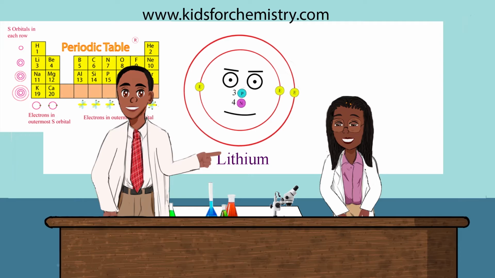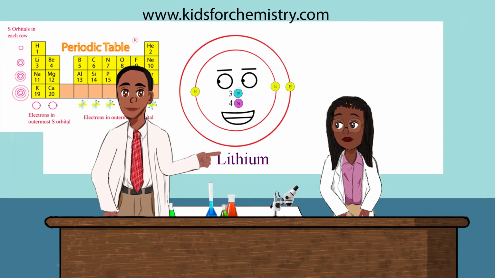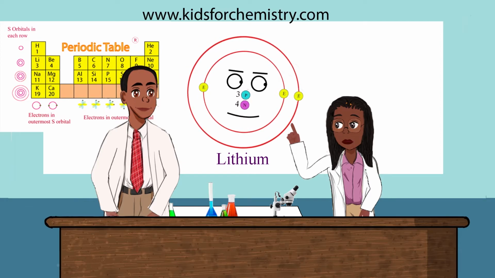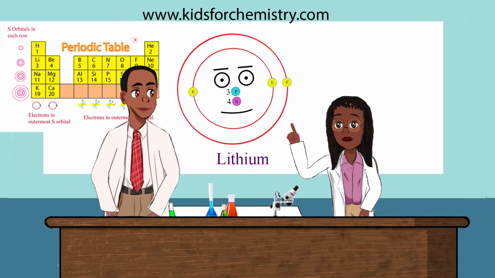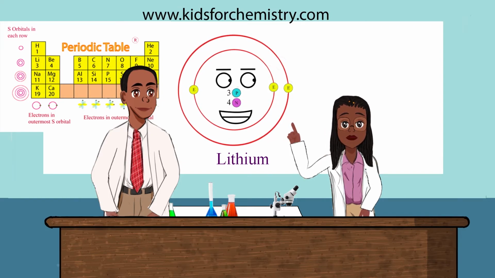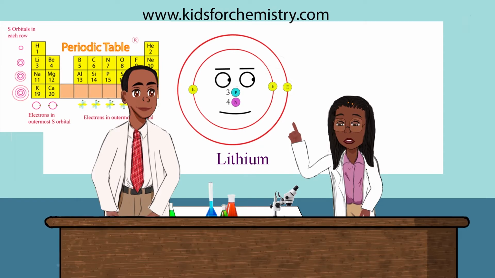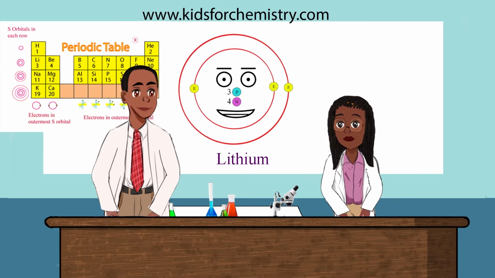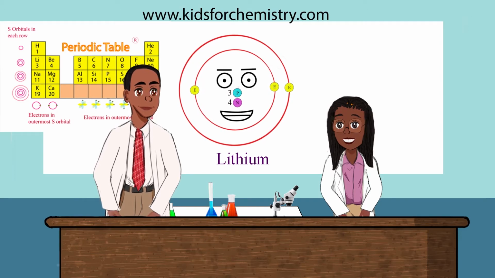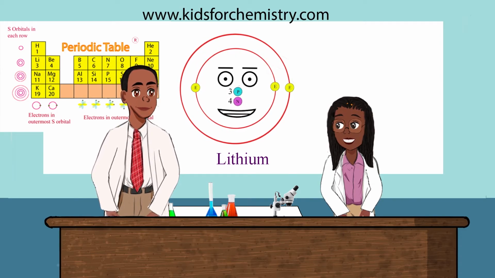Did you notice something else about lithium? Look at the third electron. Yes, I did. The third electron is on another orbital, a new orbital that was formed because the maximum number of electrons that can be in an orbital is 2. That's right. A new orbital is formed, and it is another s orbital. And notice that it is a bigger s orbital.